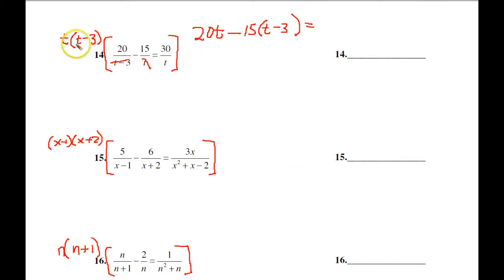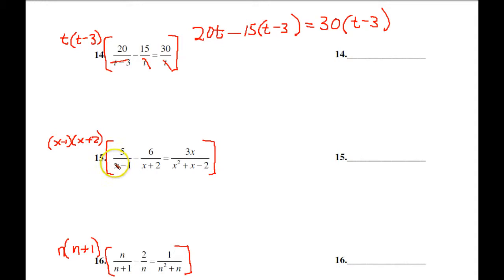And now the t cancels out again, and we're left with 30 times t minus 3. So we're like with equations back in chapter 2. We just have to distribute and solve for t.